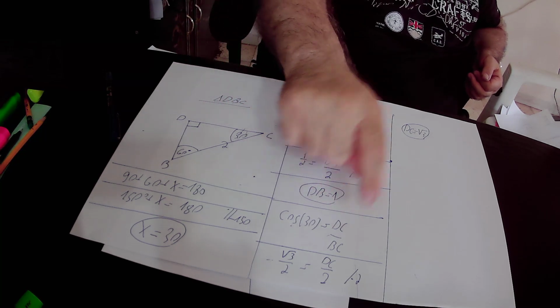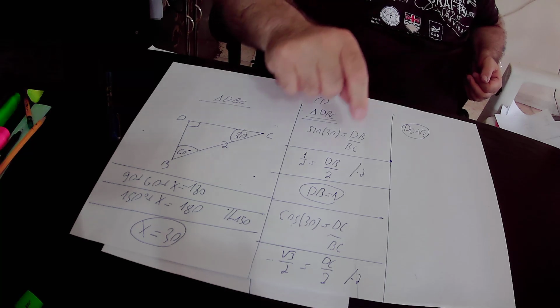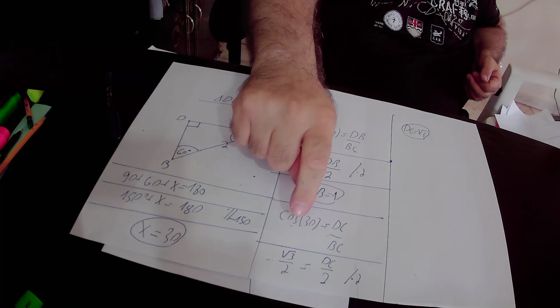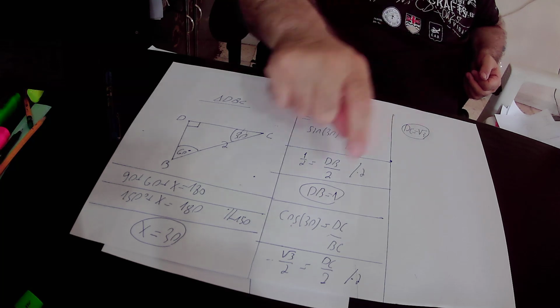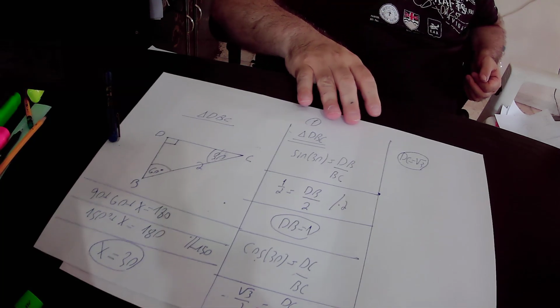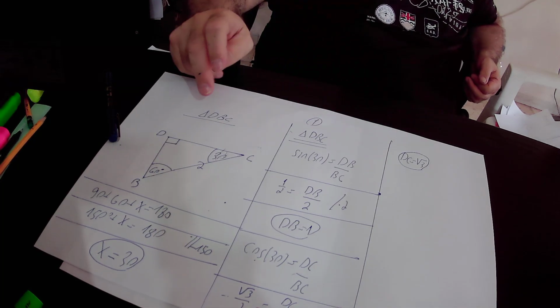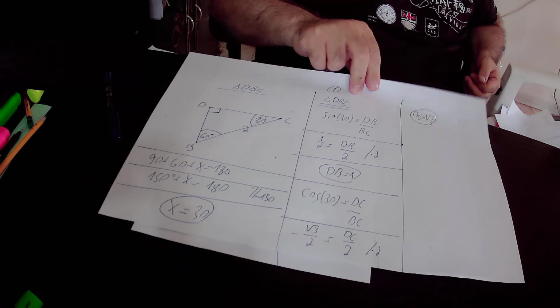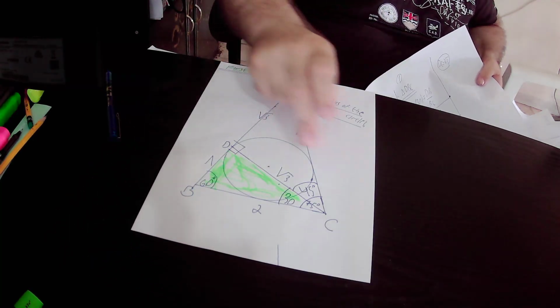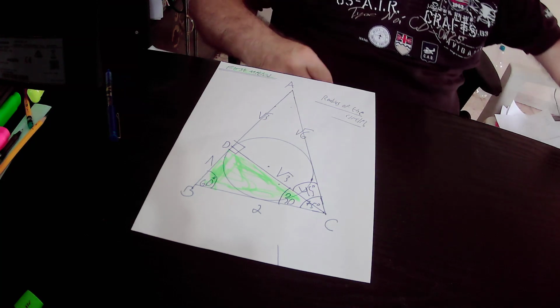BC equals 2. So in conclusion, we found out that square root of 3 over 2 equals DC over 2. Multiply this equation by 2 and found out that DC equals square root of 3 units.